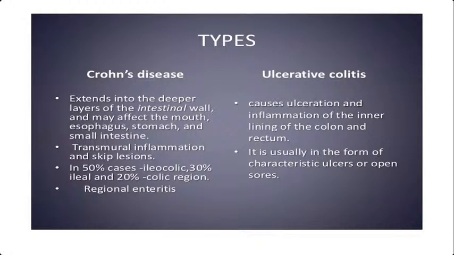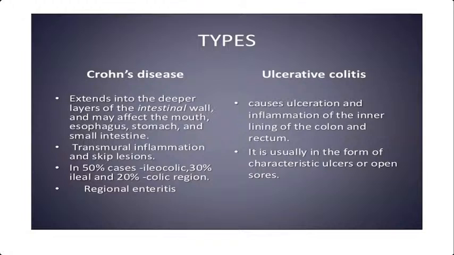So we'll spend a little bit more time discussing these two as the prototypes of this group of diseases. Ulcerative colitis is associated with ulceration and inflammation of the mucosa of the colon and the rectum, and it's usually in the form of characteristic ulcers or open sores, so to speak.